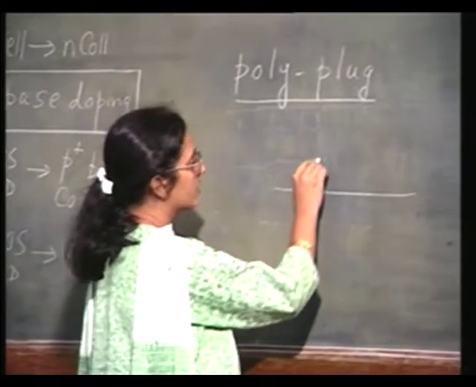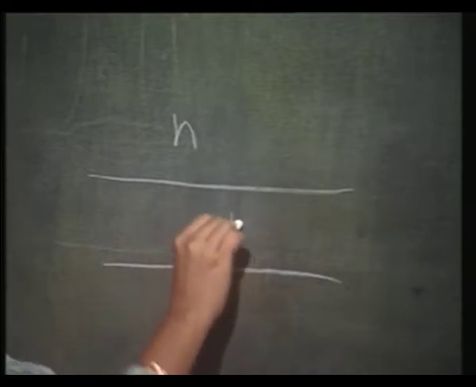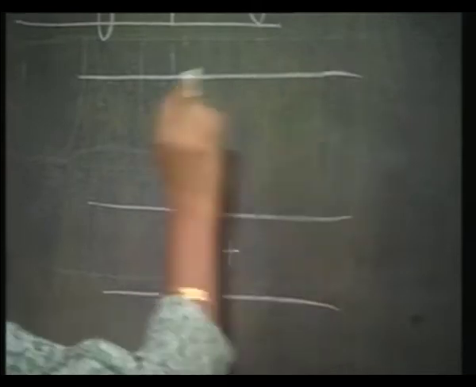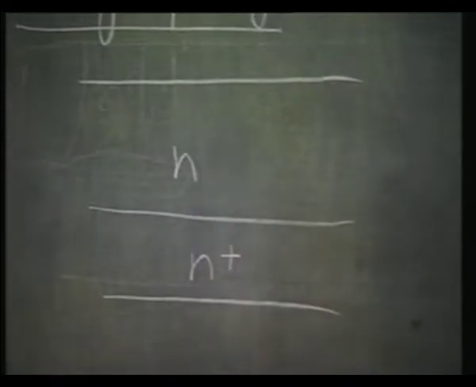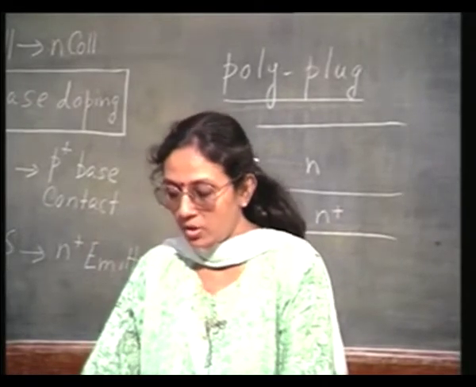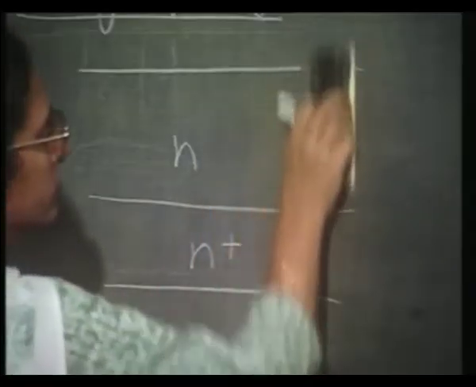So, what you have is the N-well and the underlying N plus buried layer. This N-well is going to house the NPN transistor as well as the PMOS device. Okay. Now, we do an etching.